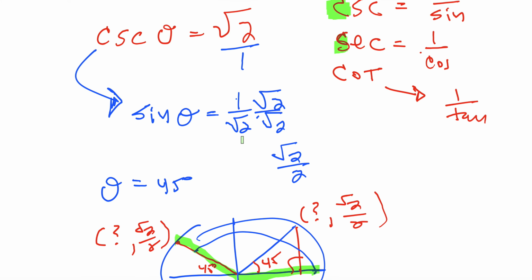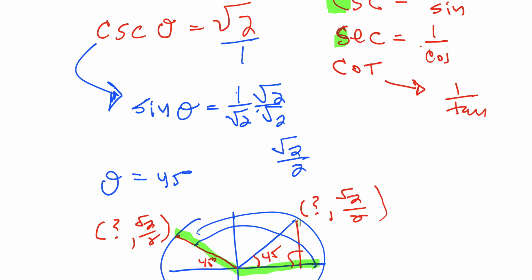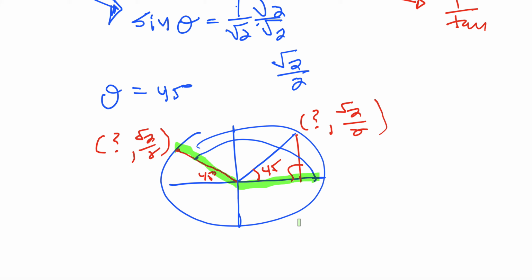If the cosecant of some angle is root 2, the sine of that angle is root 2 over 2. The sine of 135 is root 2 over 2, and so is the sine of 45, but they only want acute, under 90, so you have to go with 45.